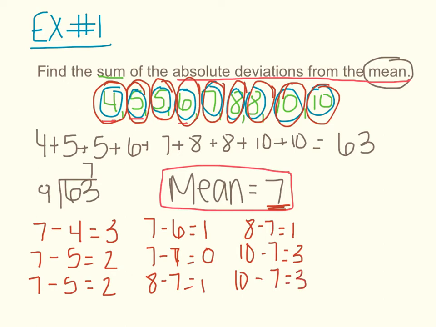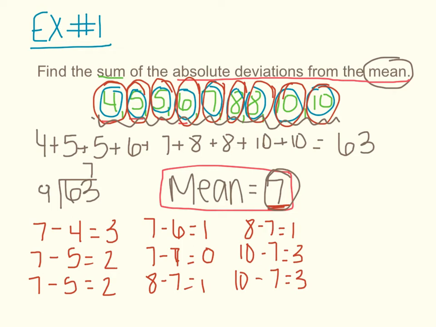Basically, when they say absolute deviation, they mean how far away, like think about a number line. How far away on a number line are these numbers from your mean? So how far away are they from 7 in this case?